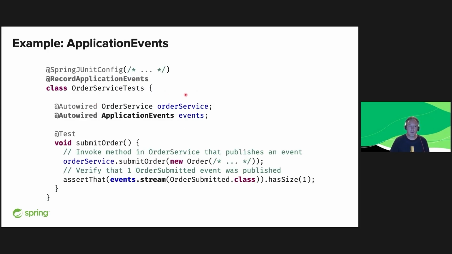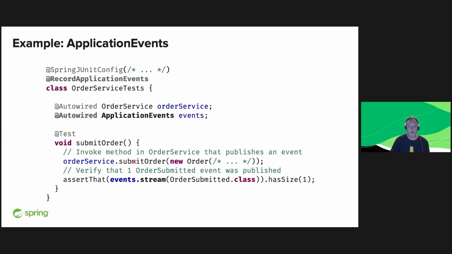Here we have an example with this application events abstraction. So we see here, if we want to use this, we have our normal config for our test. And then at the class level, we say @RecordApplicationEvents. That will turn on this feature. Then we can have the application events autowired into our test class. We'll get an instance of that injected. And then within our test, here we have an example.